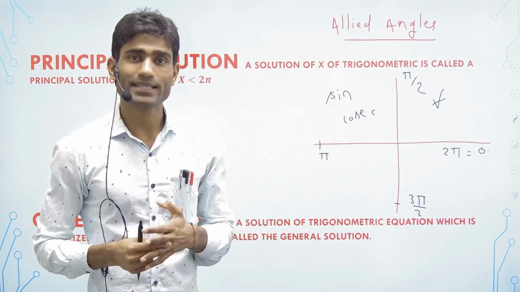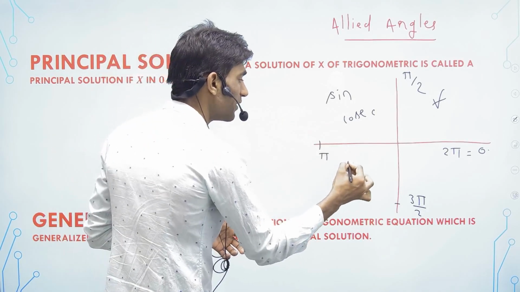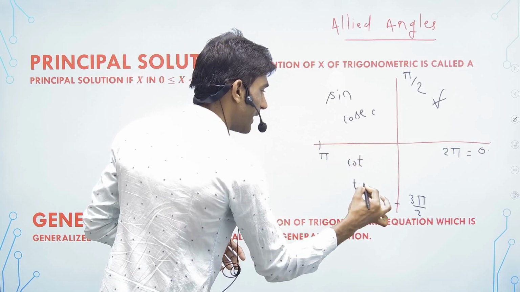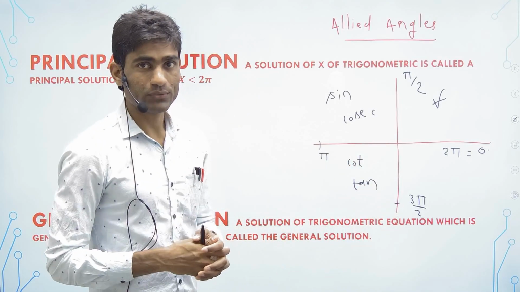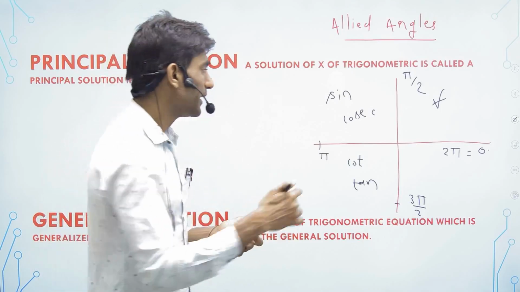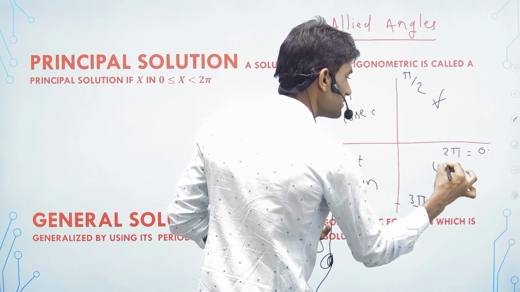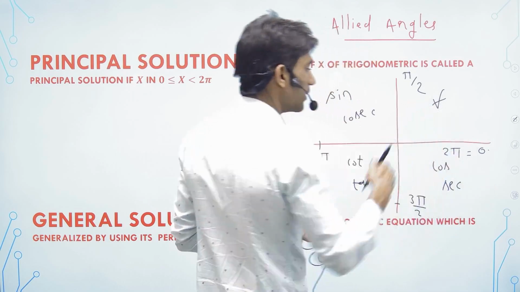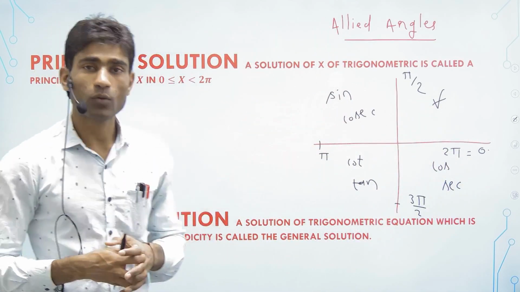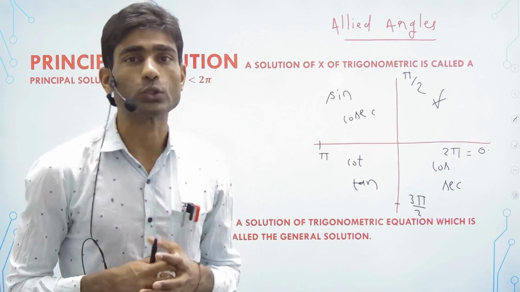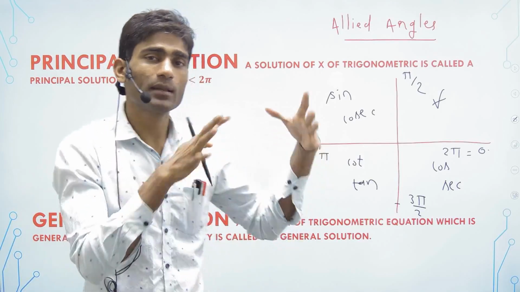When we go to the next quadrant, in our third quadrant, we get cot and tan both positive. And in our last quadrant, the remaining one, we get cos and sec. So these are the identities which are positive in our fourth quadrant.